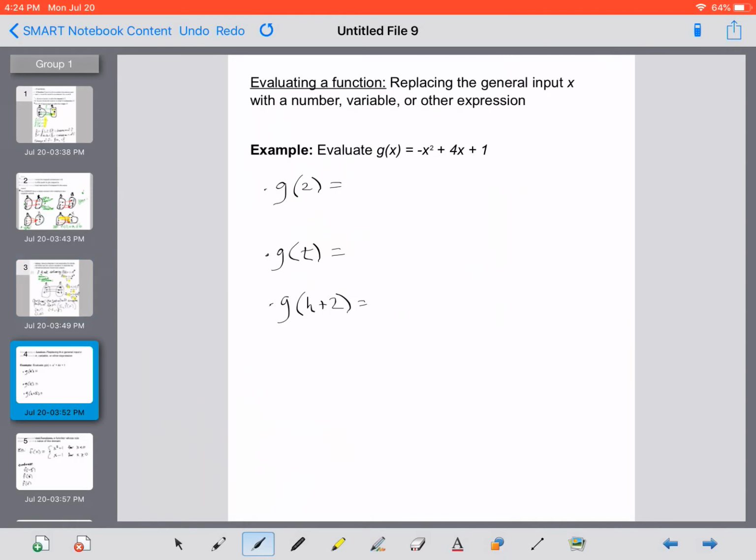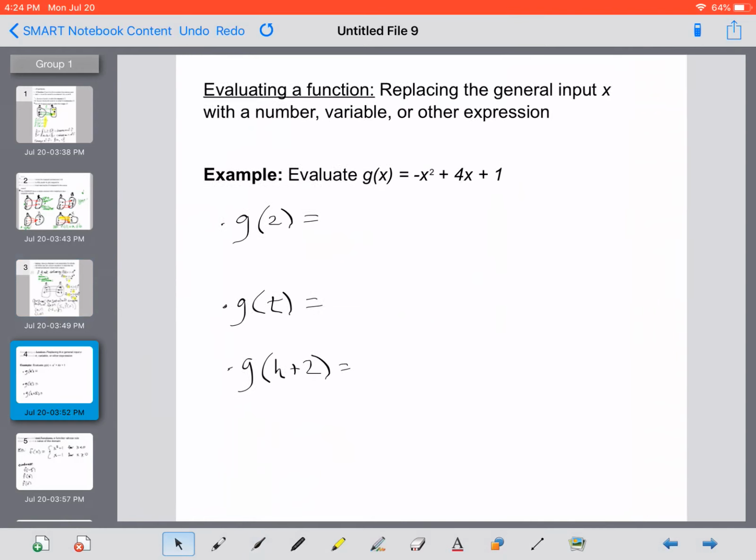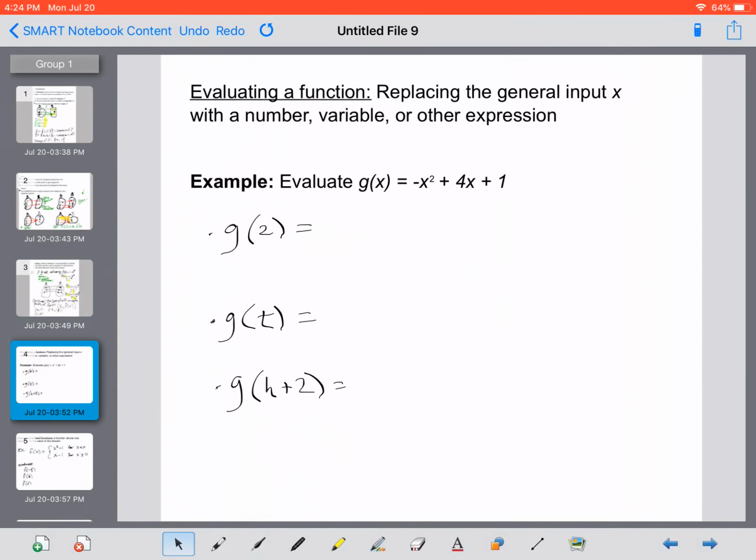So as an example, consider the function g of x, which is defined to be -x² plus 4x plus 1. That means when you input x into this function g, your output is going to be -x² plus 4x plus 1. So to evaluate g of x at 2, what we need to do is replace each instance of x with a 2.